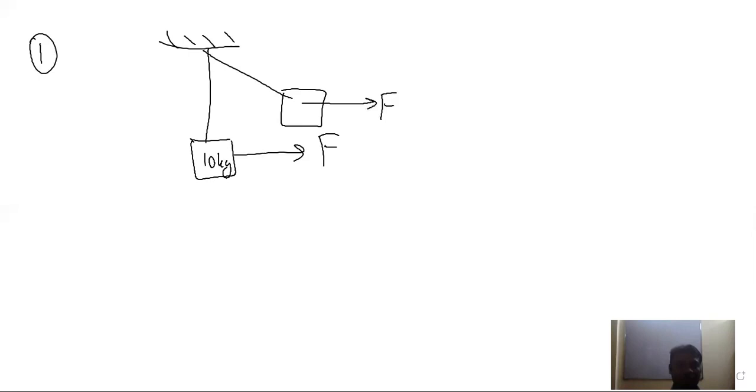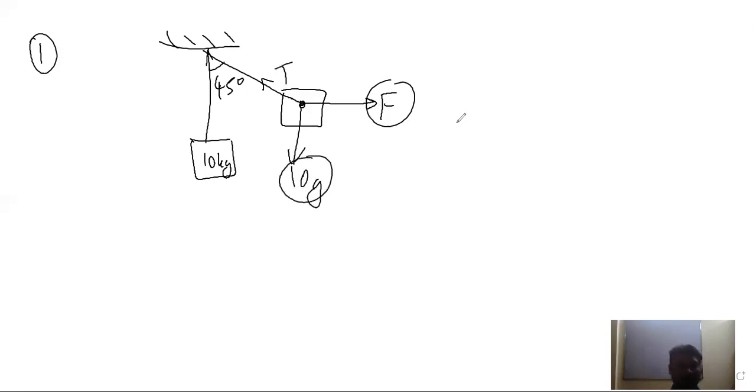So there is 10G force in the downward direction, force F here, and tension force T here.